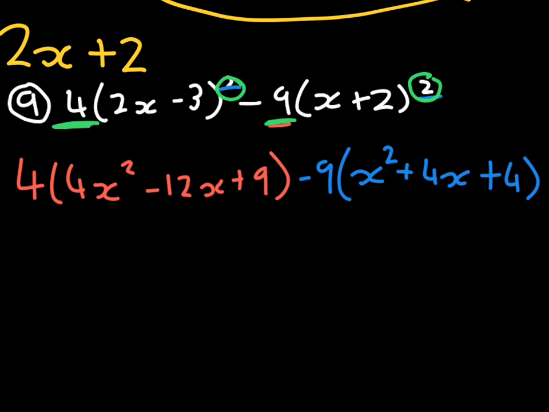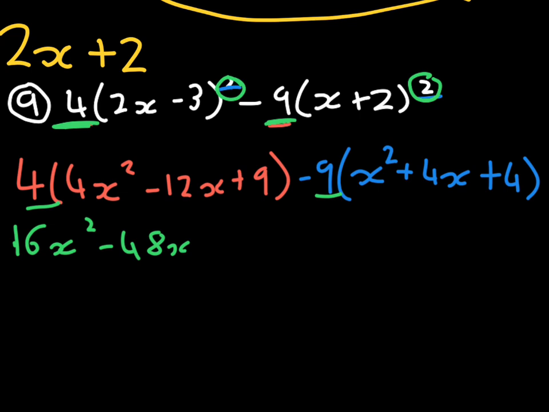Now, since we have squared each of our binomials, we will then take the constants and multiply them into the parentheses. So we start with the first set. We get 4 times 4x squared gives us 16x squared. 4 times minus 12x gives us minus 48x.